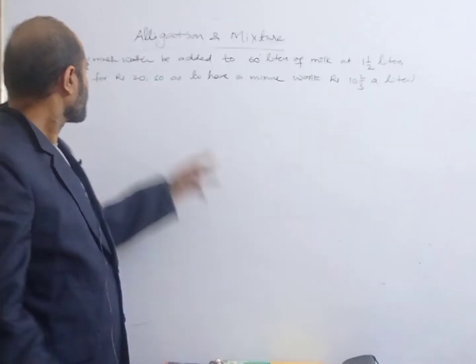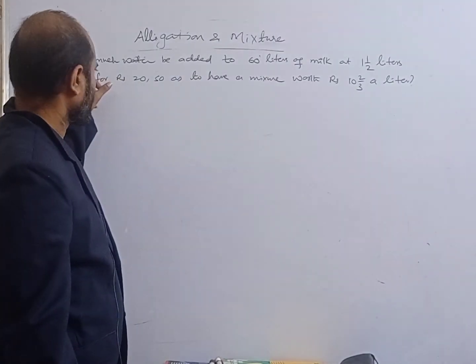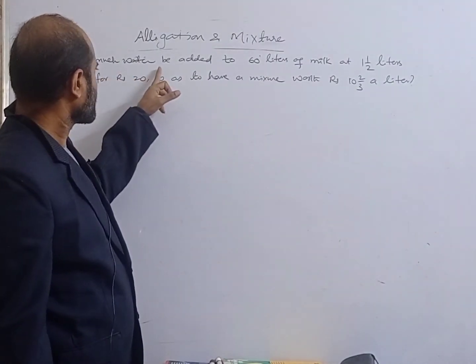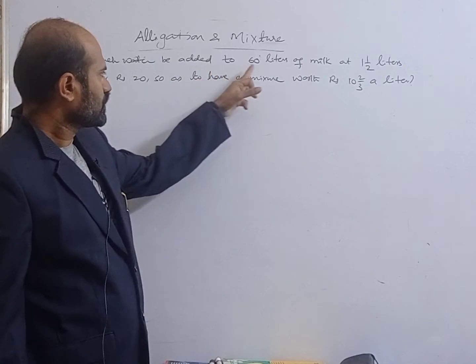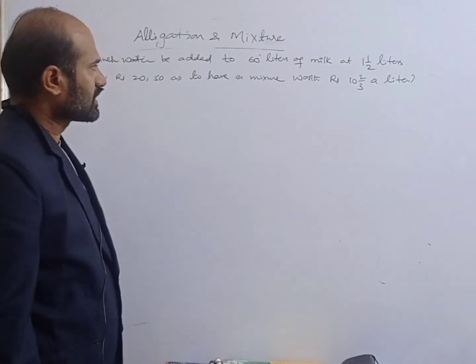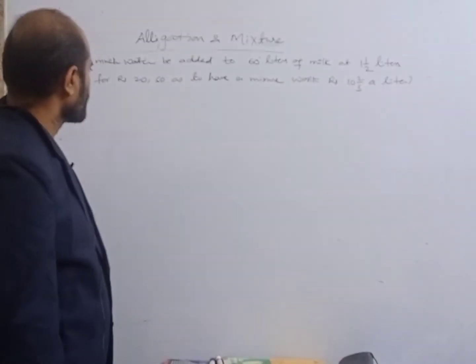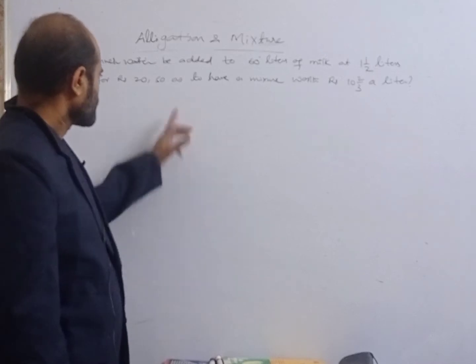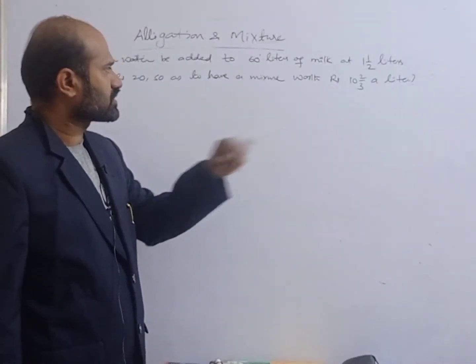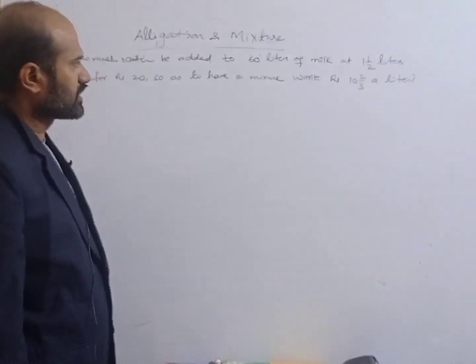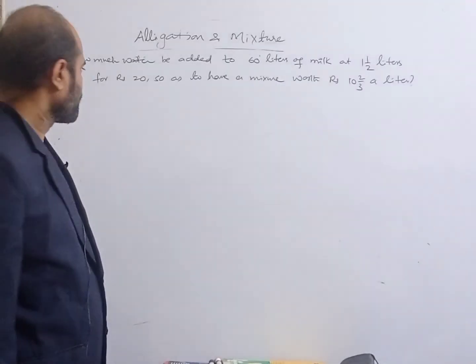See here, let us solve a problem. How much water must be added to 60 liters of milk at 1.5 liters for rupees 20, so as to have a mixture worth rupees 10 2/3 a liter.